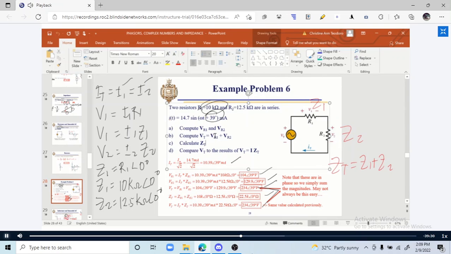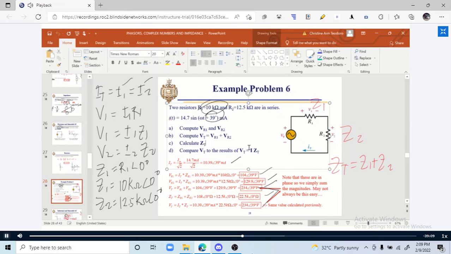Now, letter D, we should compare our total voltage if it is the same as the total voltage we got on letter B. And this is by getting our total voltage in terms of Ohm's law. In terms of Ohm's law, your total voltage will be equal to your total current multiplied by your total impedance.